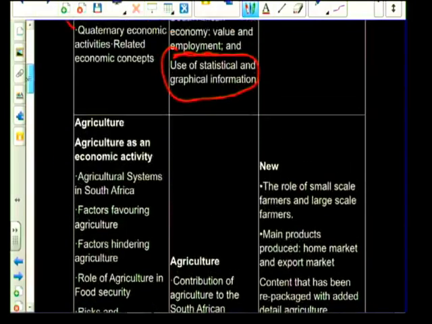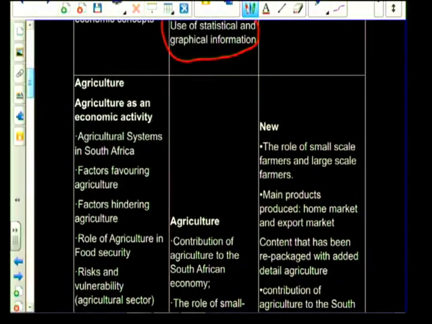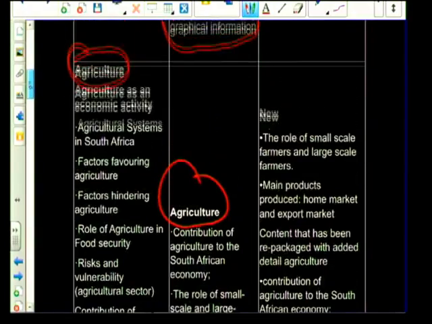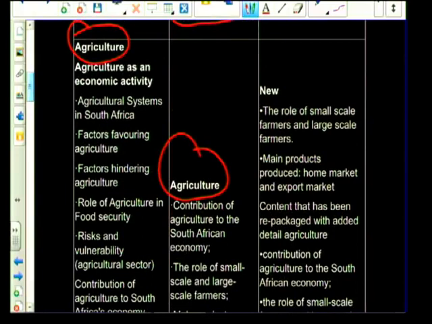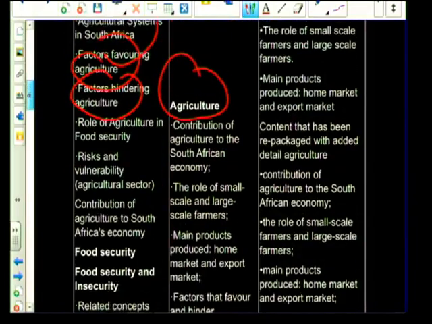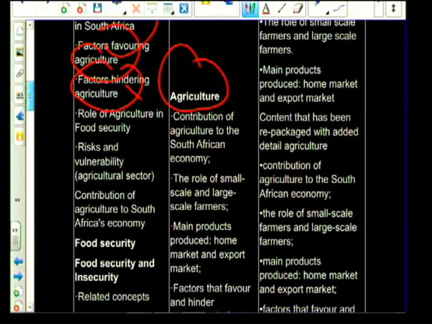All right, next section, agriculture. You understand? Looking at the agricultural systems in South Africa, the contribution, factors favoring, factors hindering. All these things have come into this one.